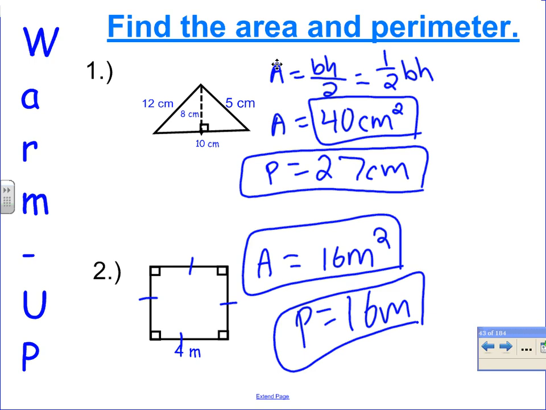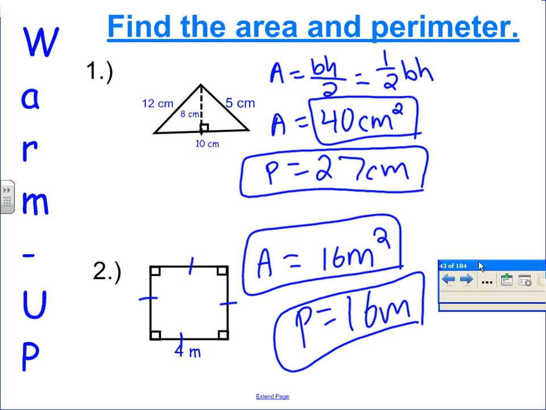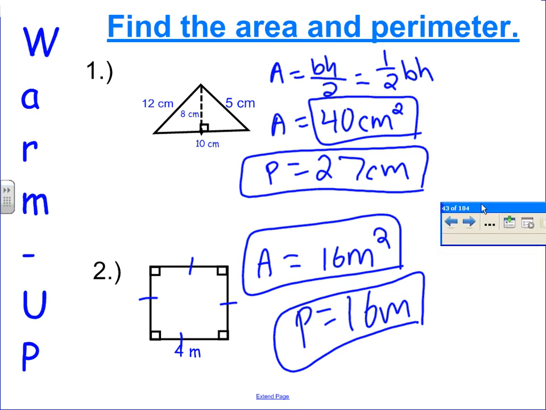Okay, anyone else in that warm-up? Doug? Yeah. No, the whole thing. Just do half the base, 5, times the height.